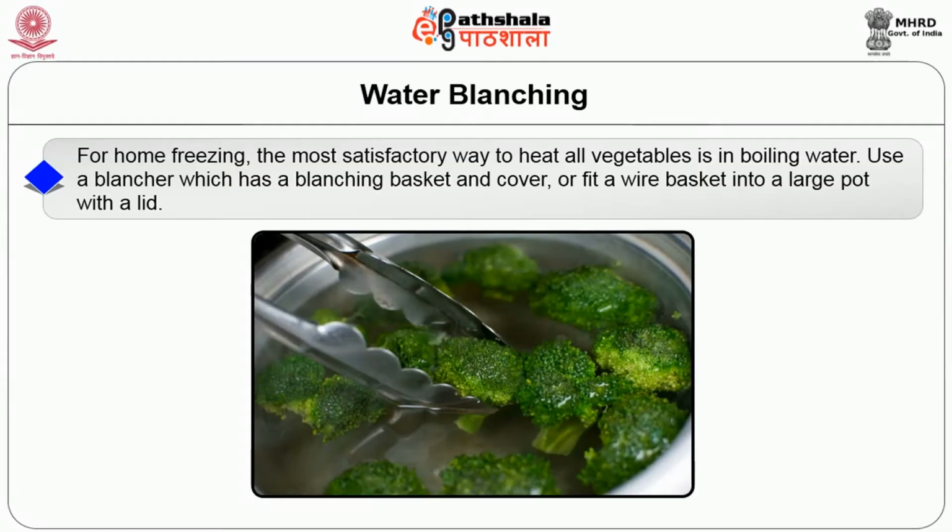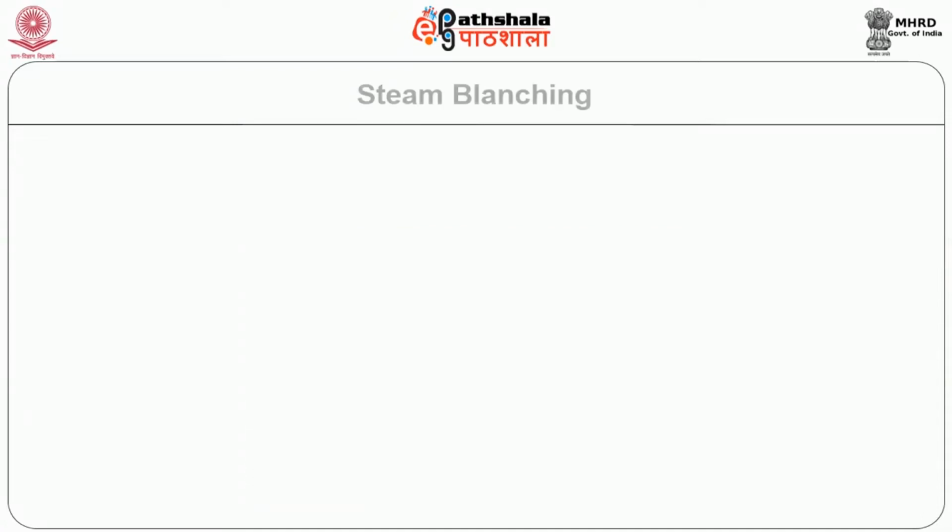Place a lid on the blancher. The water should return to boiling within 1 minute, or you are using too much vegetable for the amount of boiling water. Start counting blanching time as soon as the water returns to boil. Keep heat high for the time given in the directions for the vegetable you are freezing.